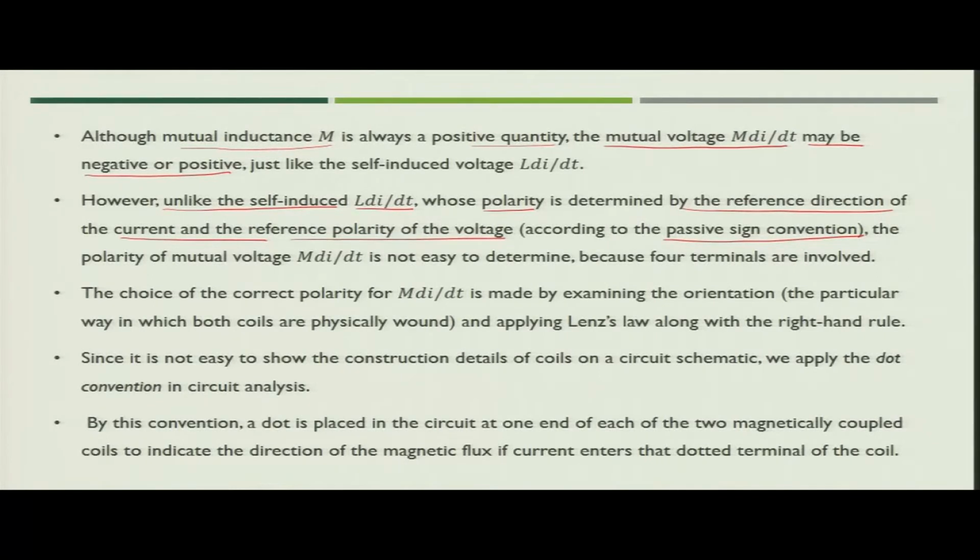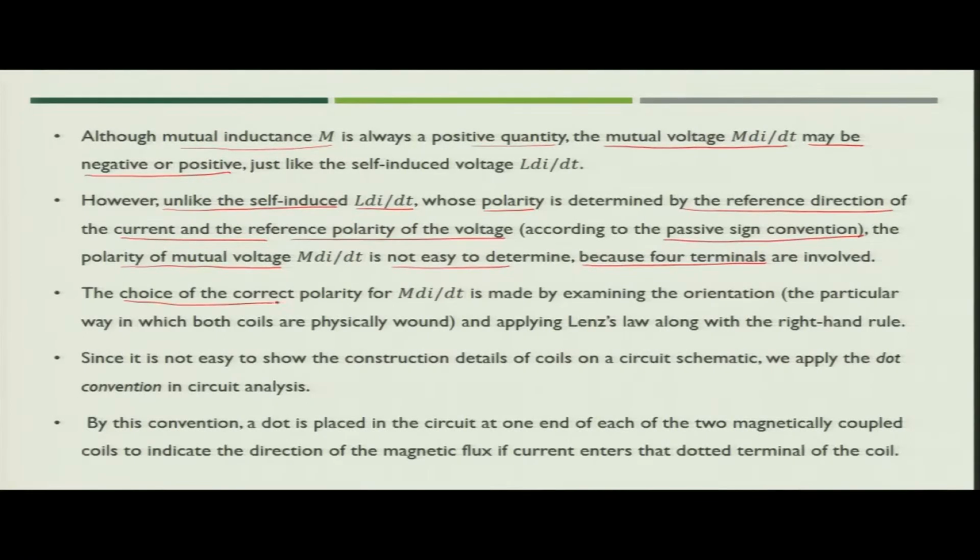Now, for the polarity of the mutual voltage, that is M d I by dt, it is not that easy, because it involves 4 terminals: 2 terminals of coil 1 and 2 terminals of coil 2. Since we have 4 terminals, we cannot use the passive sign convention directly to find the polarity of the mutual voltage.